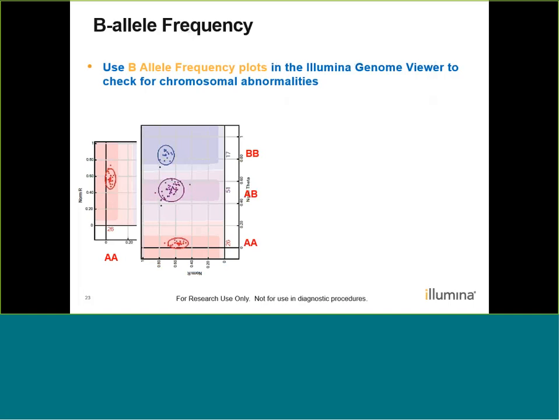Remember that a SNP graph is one SNP, and all of the dots are the samples that are in the project. If instead we take one sample and we plot all of the SNP genotypes for that one sample, we'll get a graph that looks like this. So again, we see the three nodes of AA, AB, and BB. So that's B-allele frequency.